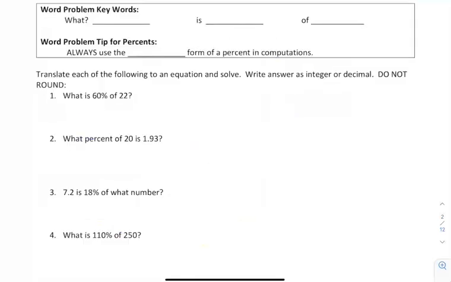In this class, we will experience a lot of word problems. And so when we have a word problem representing percents, it's helpful for us to understand some key words here. So the what in our word problem, this is your variable, or your x, or your unknown.